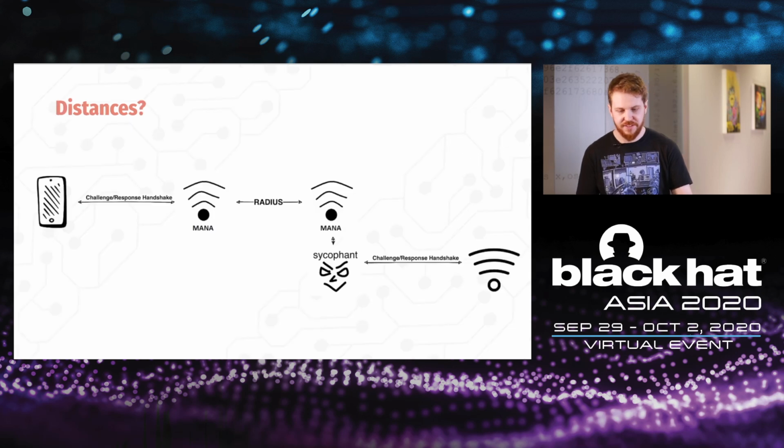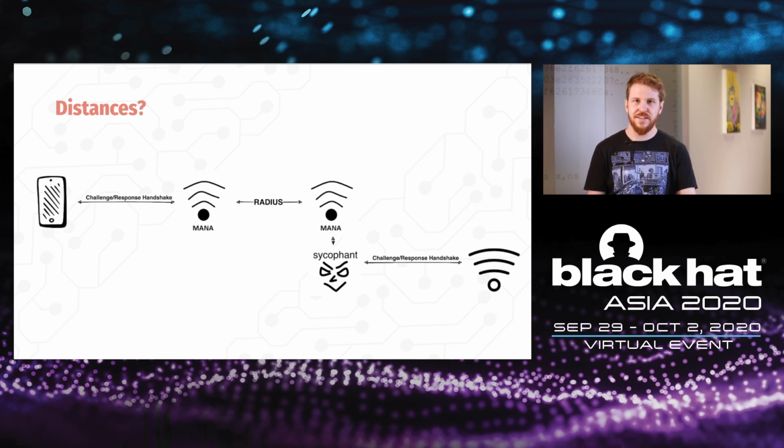So I discussed distances before, the reason I put things on a file system. But it turns out hostapd, and by extension hostapd-mana, has its own built-in RADIUS server. Now RADIUS allows you to do EAP things over the network, so that the thing you're authenticating to doesn't necessarily have to do all the authenticating.